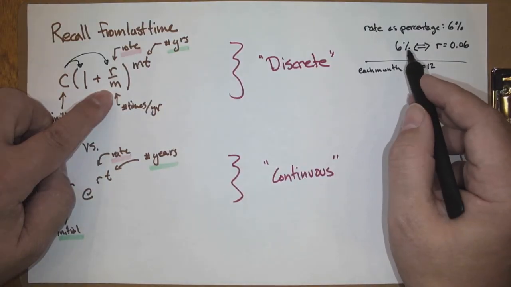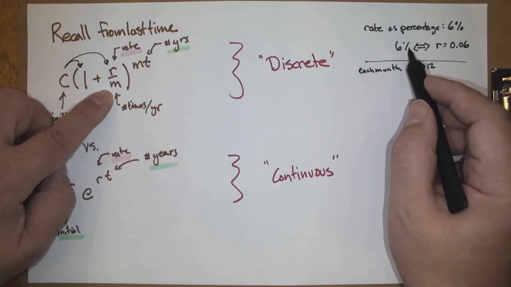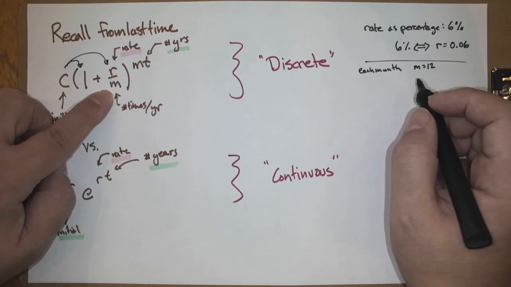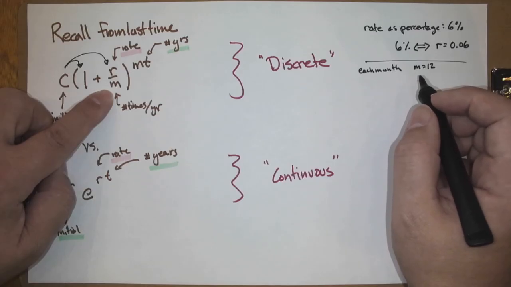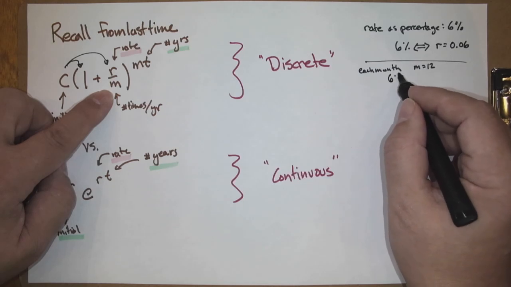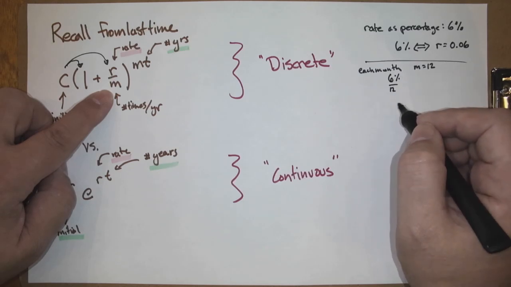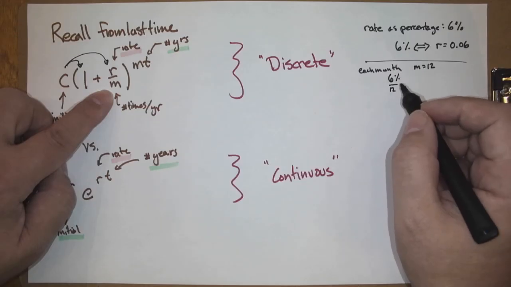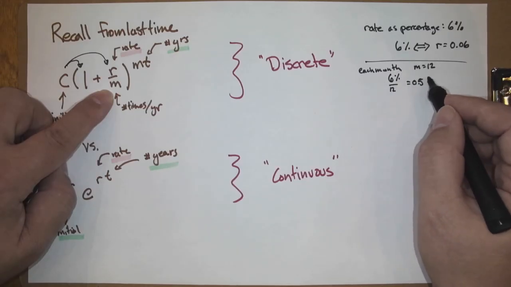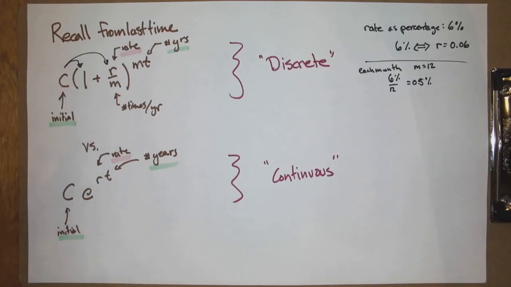Now, what do we want to do? Well, if we're doing 6% per year, we don't get 6% each month. How much do we get each month? Well, you take 6% over 12, because you're chopping it up. That's really 0.5% each month.